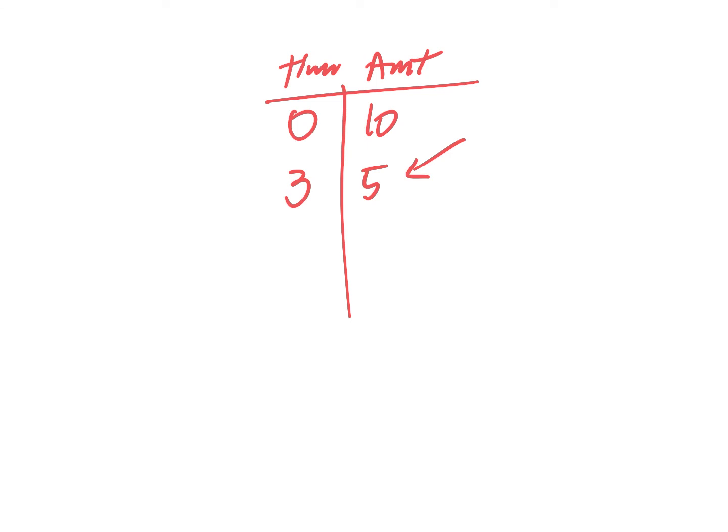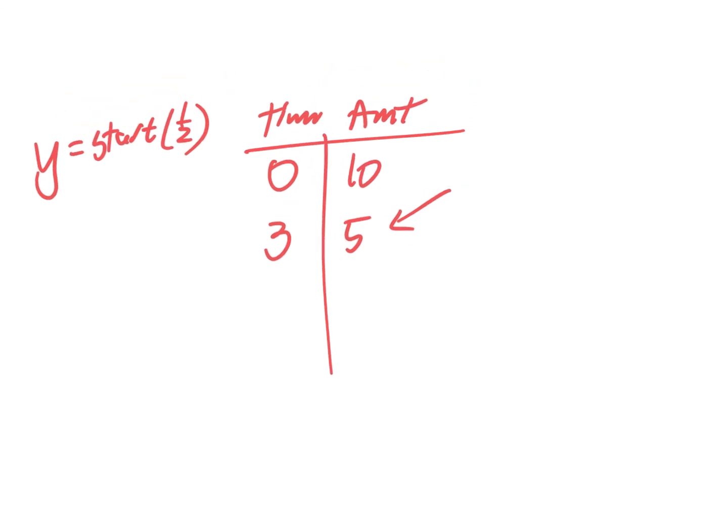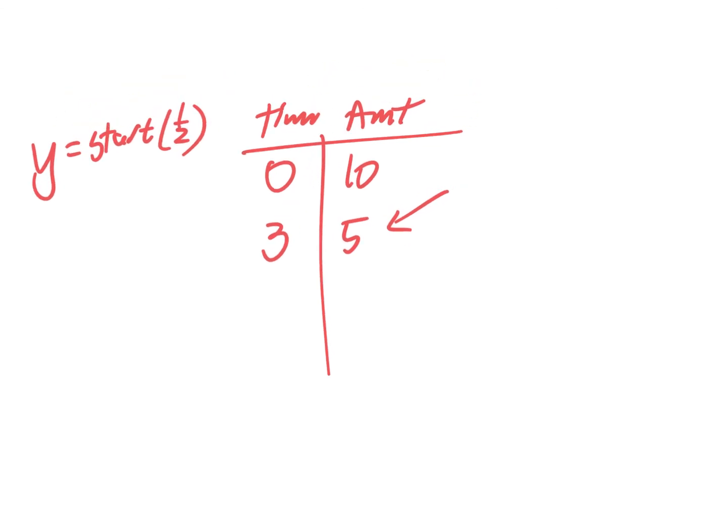Okay, now, if I use a normal equation for exponential growth, I start with the starting amount, and I can put a 1/2 here for the half-life, and then I put it to the time. Oh boy, I'll have to explain this to you tomorrow.